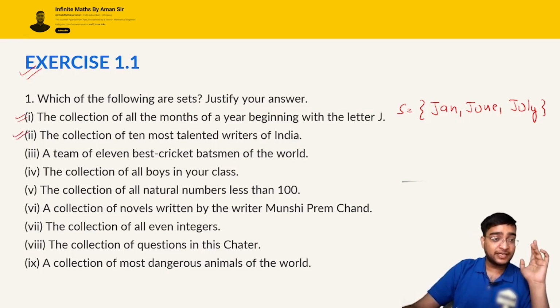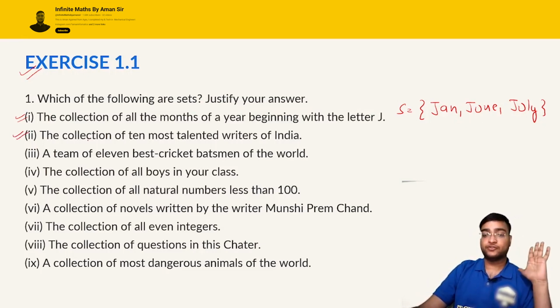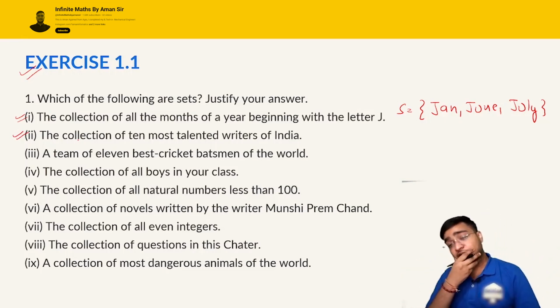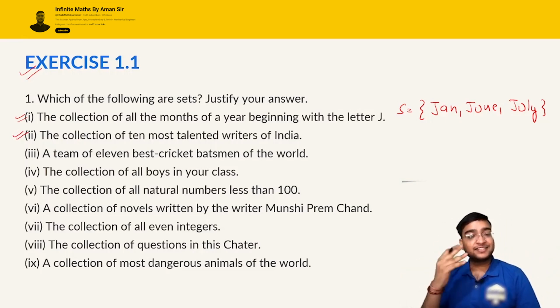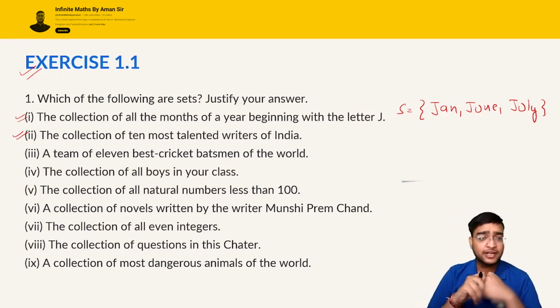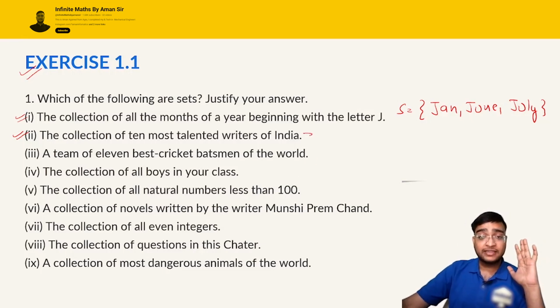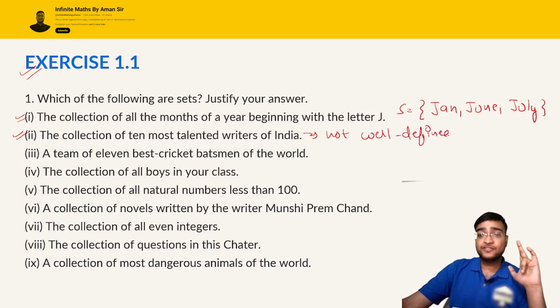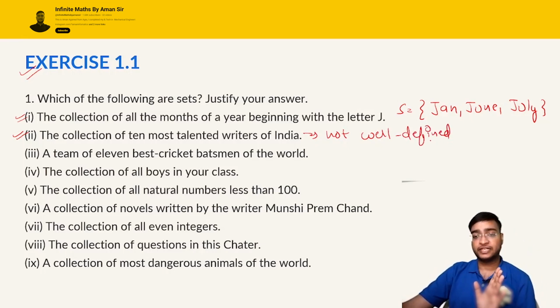Let's take the second question. The collection of 10 most talented writers of India. Your favorite writers are different, my favorite writers are different, and some other person's favorite writers are different. So this is not a fixed set. I am saying that it is not well defined. If it said your 10 most talented writers, then it may be well defined.